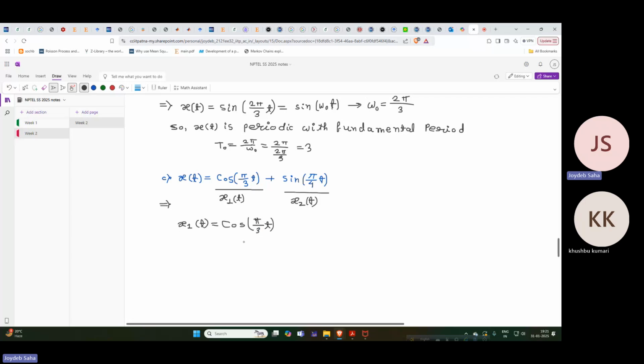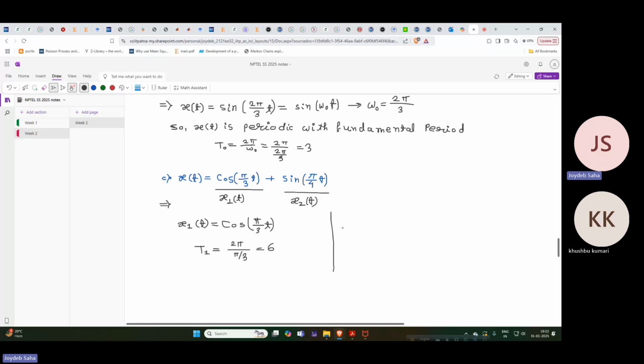So the fundamental period T1 is 2 pi upon pi by 3, which is equal to 6.